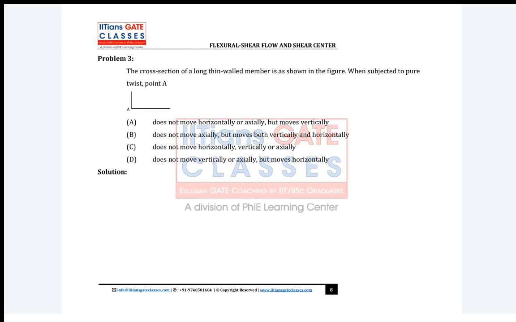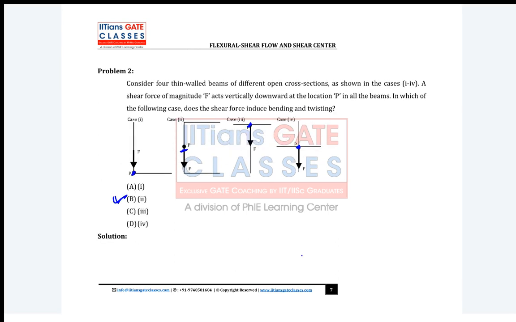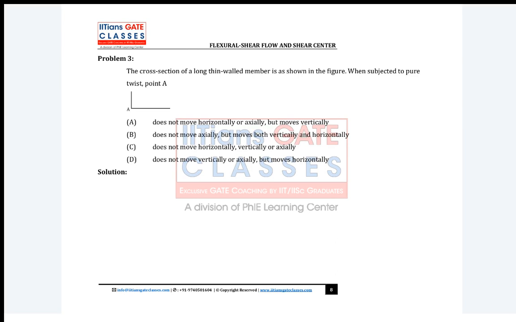Yeah. This is a very good question. Read this question. What does it say? The cross section of a long thin-walled member is as shown in the figure. When subjected to pure twist, point A. So guys, first for the L section, which is the center of twist?